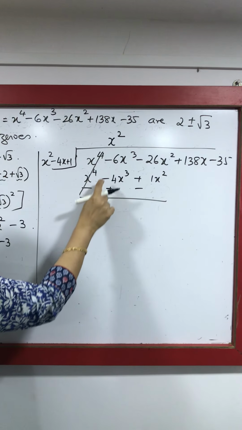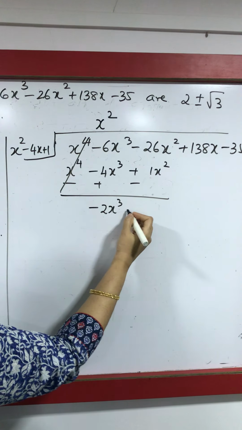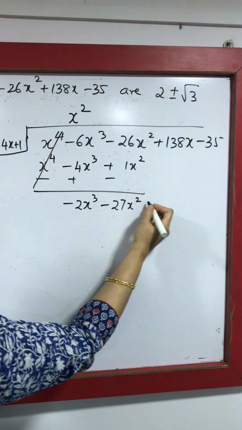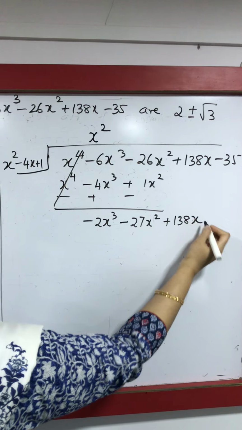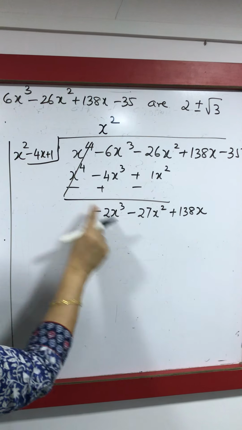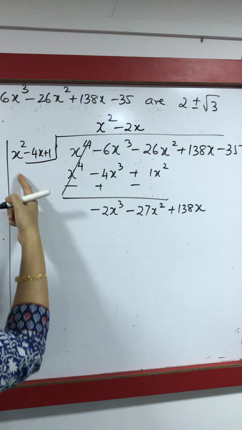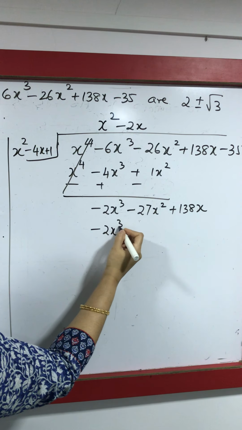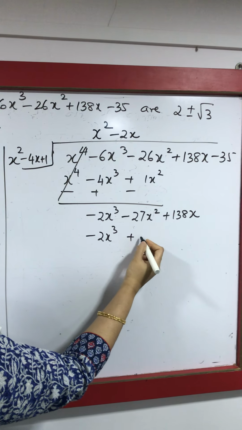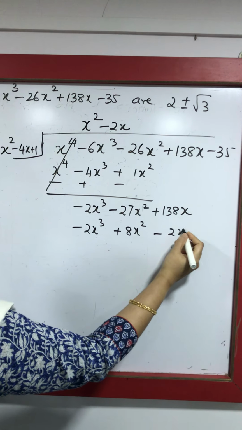The difference of this is minus 6 plus 4, which is minus 2x cube. This will be minus 27x square plus 138x. To find the next term of the quotient, divide minus 2x cube by x square. So that is minus 2x. So we get minus 2x cube plus 8x square minus 2x.